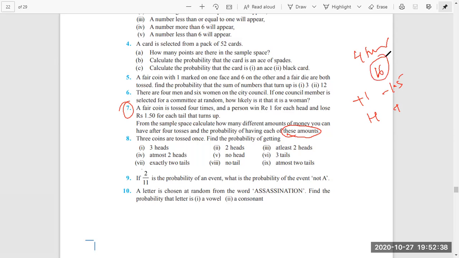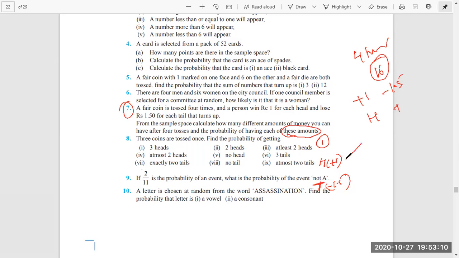There will be 16 things, so you have to find all of them. For example, just go for a tree diagram, that will be much easier. In the first toss you'll get either head or tail. Head is plus 1, and tail is minus 1.5, you are losing when you get a tail.